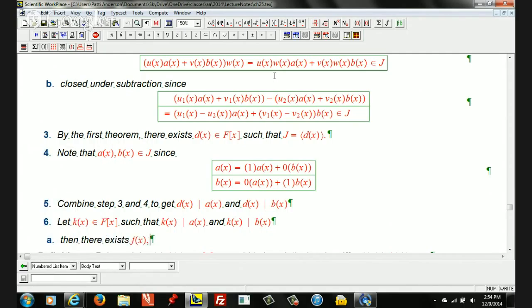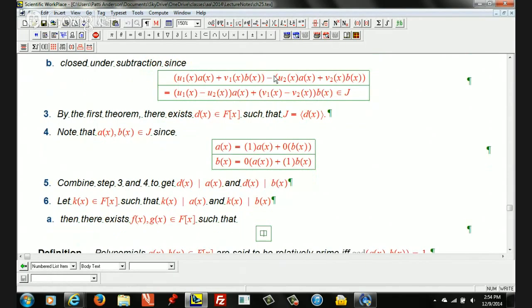We know there are f of x and g of x in F such that a of x is k times f, and b of x is k times g. I missed an equal sign in there. Now, how does that help? Now everything is in terms of k, so we can substitute back.